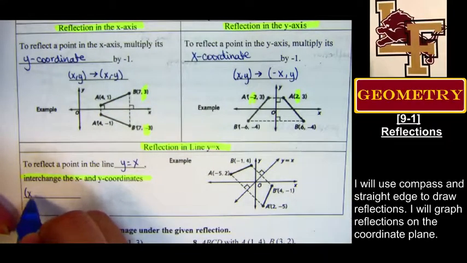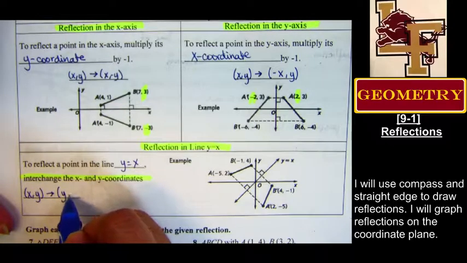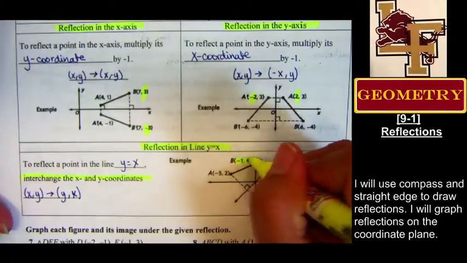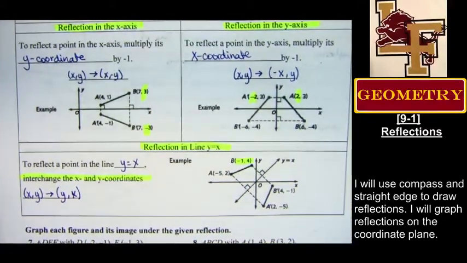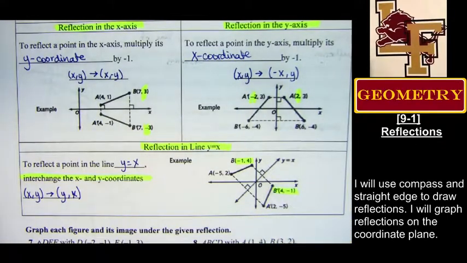So if our original point was some coordinate x, y, our new point is at y, x. So notice my original point here at B, which is at -1, 4, and its reflection, B prime, is at 4, -1. So all we did was just grab the x and y coordinates and switch their places. Okay?